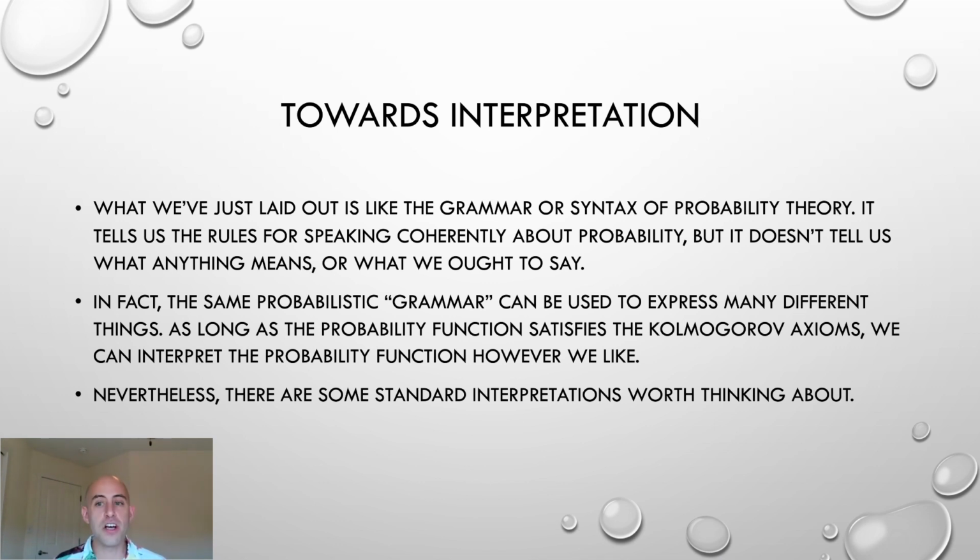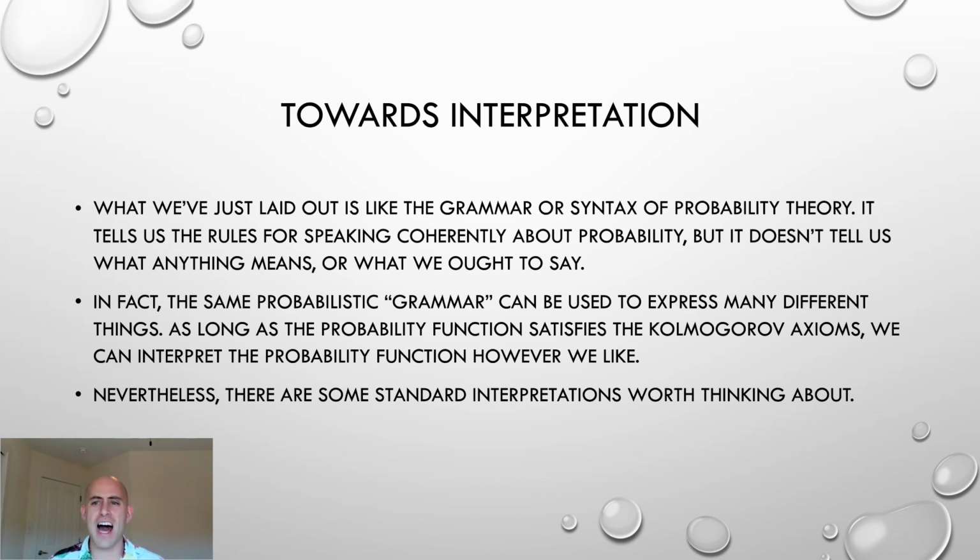And in fact, because probability theory is so general, as I was just saying, the same probabilistic grammar, the grammar of the probability space, can be used to express many different things. And as long as that probability function satisfies the Kolmogorov axioms, we can interpret it however we like, and will still be in keeping with probability theory.